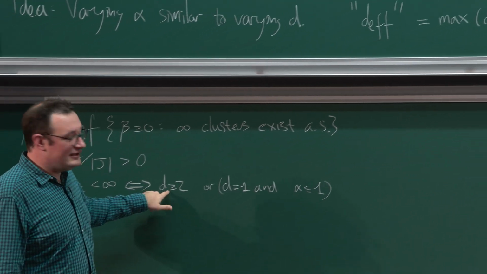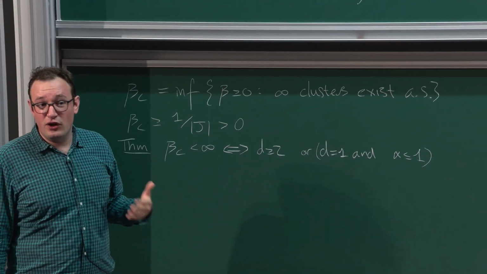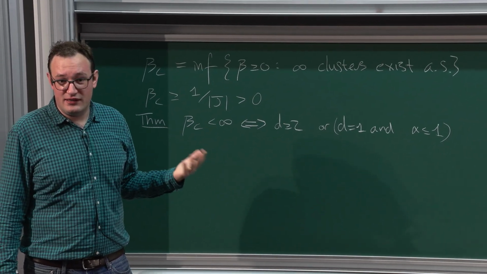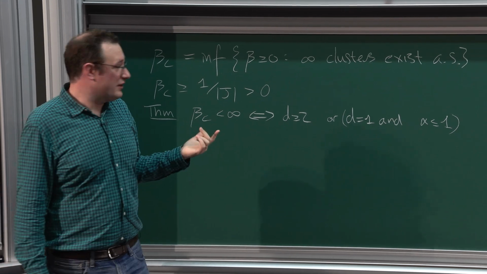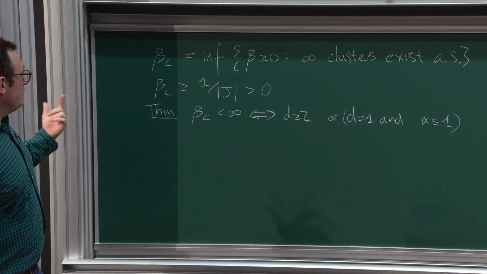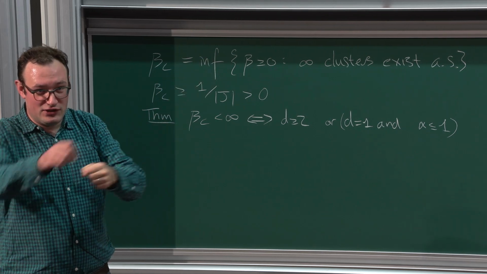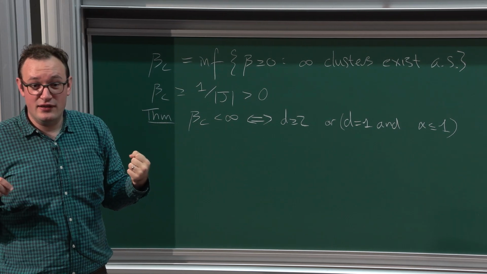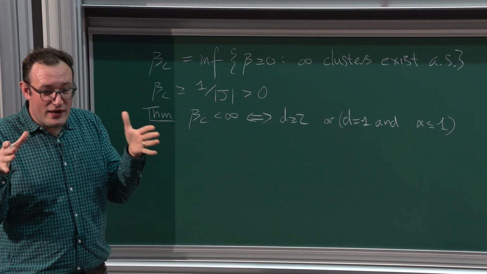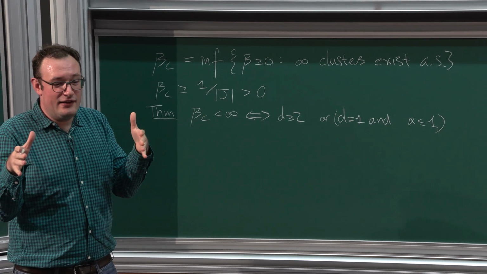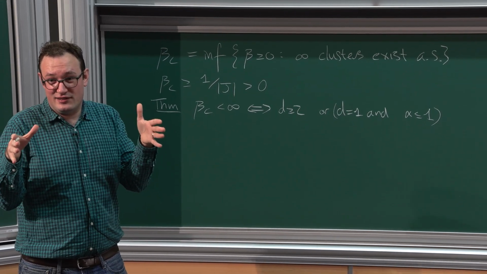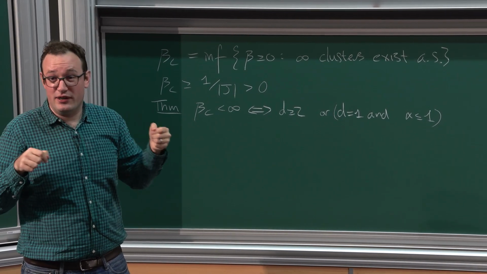So the case d at least 2 just follows from the theorem we had about pc being less than 1 on Z^d, right? Because we've set things up so that J of each of the nearest neighbors is positive. So you can think that this weighted graph contains a copy of Z^d as a subgraph, maybe with the weight scaled by a constant.